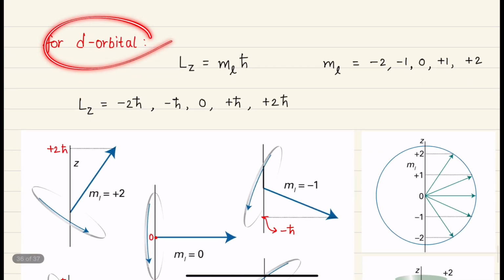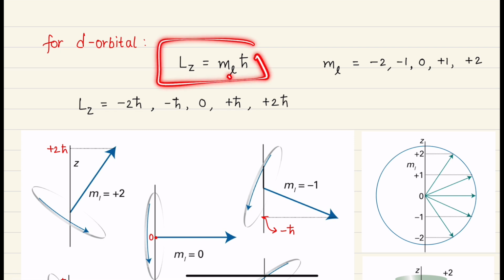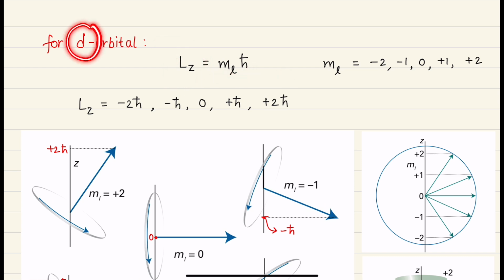Similarly, we can find it for the d orbital, and we know that Lz equals ml h cross. This is valid for all orbitals, whether s, p, d, or f; the z component will be ml h cross. And for the d orbital we have 5 ml values: minus 2, minus 1, 0, plus 1, plus 2.